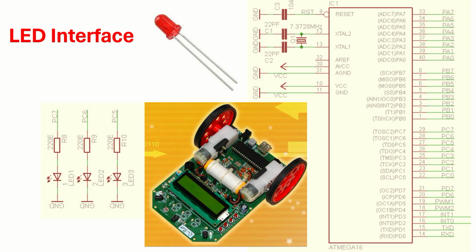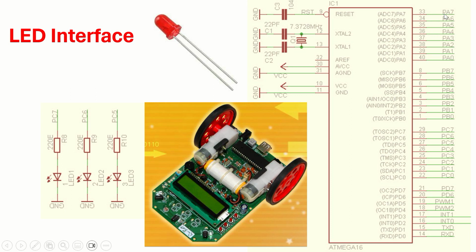Now let us discuss how these LEDs are connected to the CPU. This is your CPU, your computational unit, where the programs are downloaded, from the Atmel company, the Atmega 16. This has a total of 40 pins, 20 on the left side and 20 on the right side.